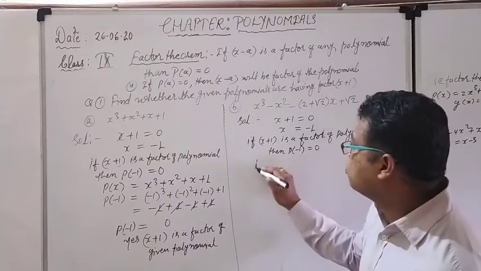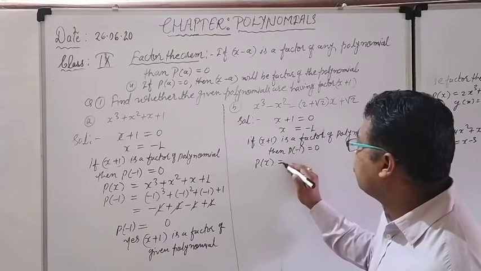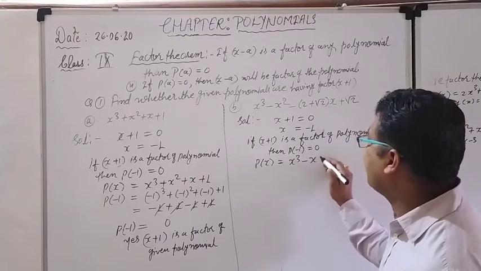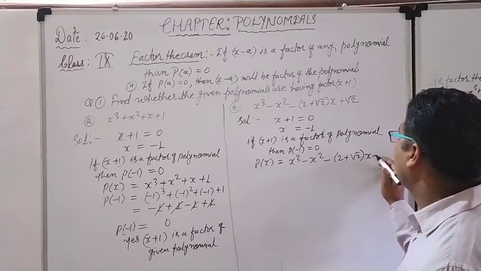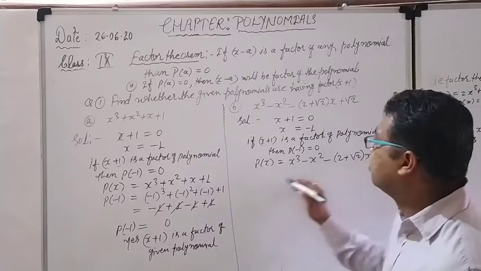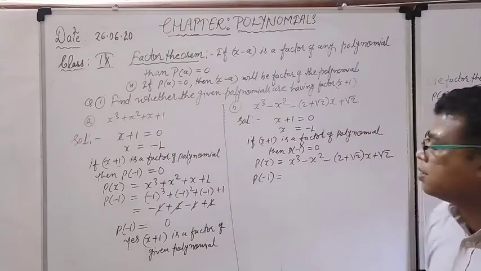So p(-1), what is p(x) here? You can see the other polynomial given to me in the form of p(x) equals x cube minus x square minus 2 plus root 2. No problem, what kind of equations are given to you, no need to worry. Wherever x is coming, we have to fill minus 1, nothing else.